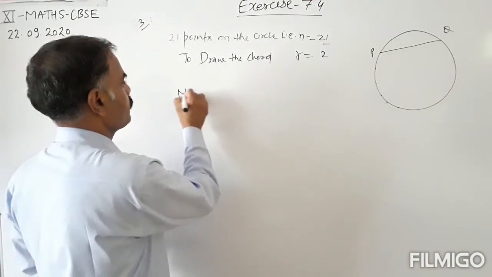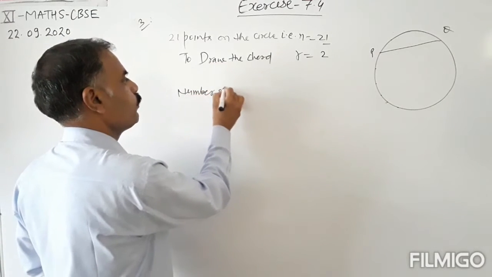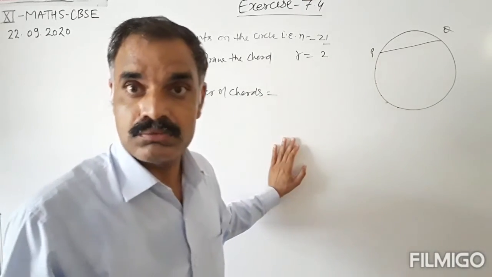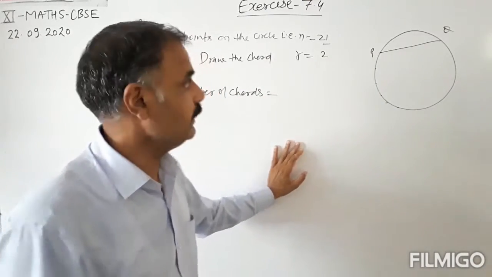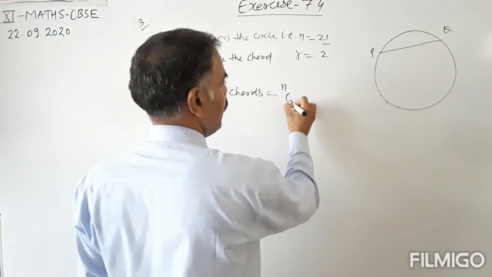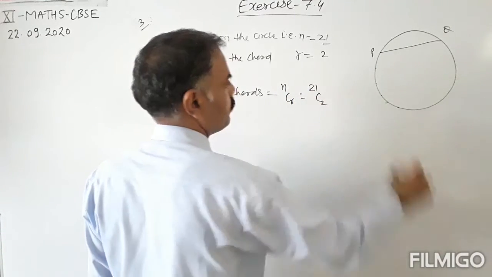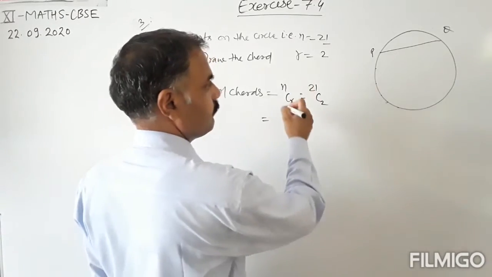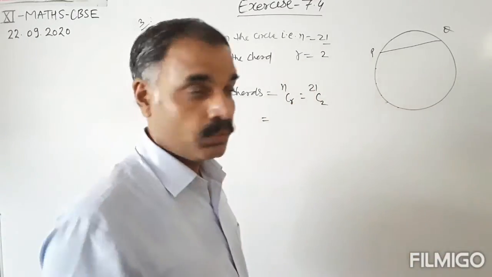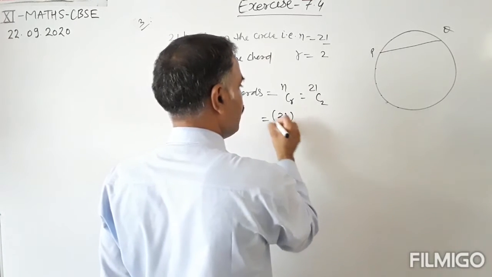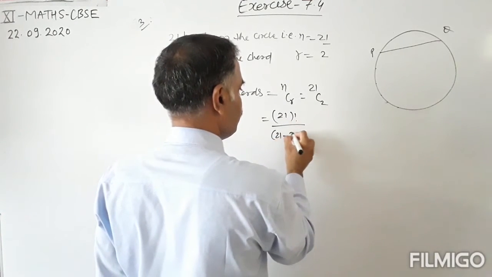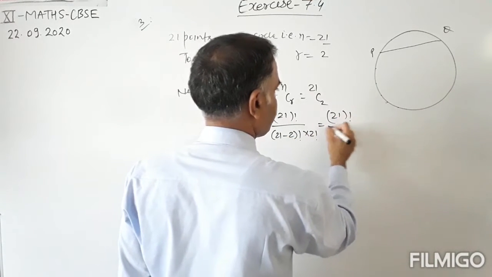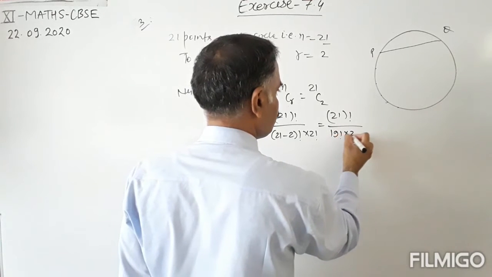So number of chords that can be drawn out of 21 points, that is nCr or 21C2. Okay, so solving this we will have the required number of chords. So 21 factorial divided by (21 minus 2) factorial into 2 factorial, 21 factorial divided by 19 factorial into 2 factorial.